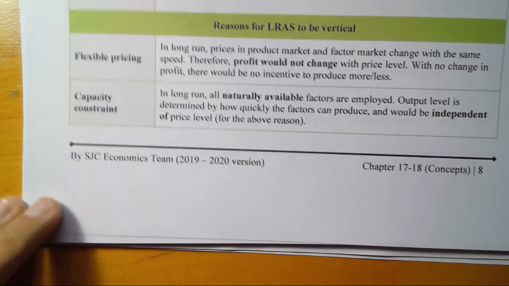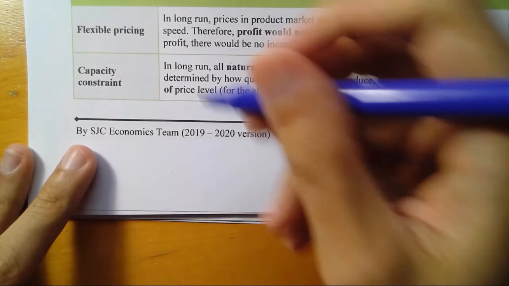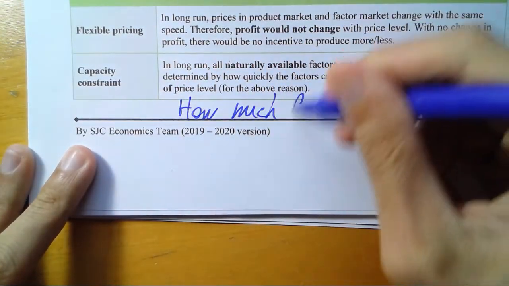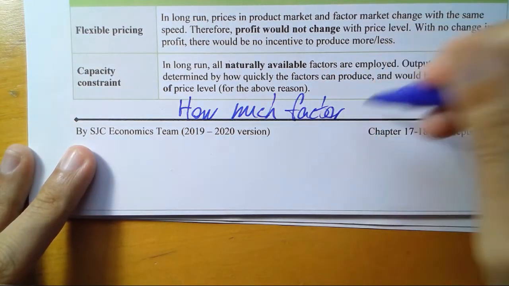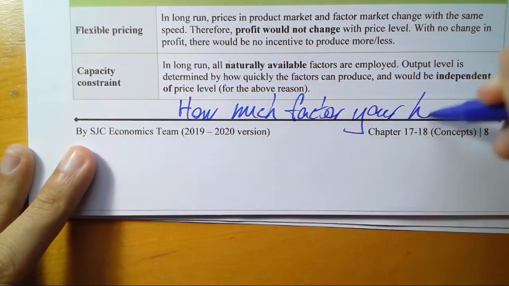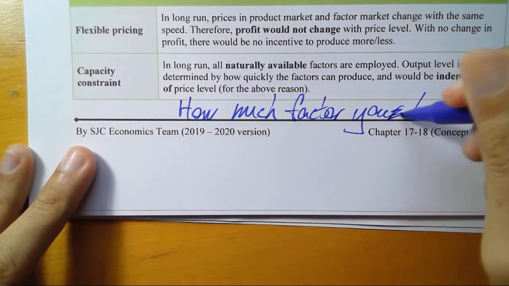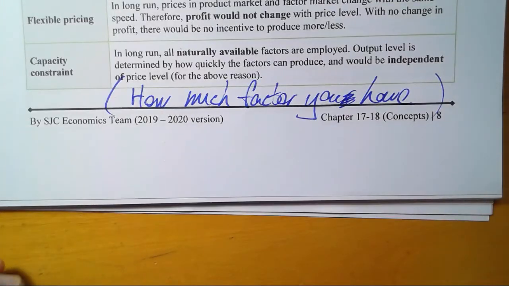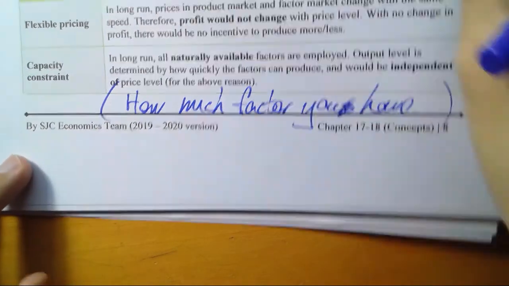OK, now basically 講得俗啲即係咩意思啊？How much factor you have. Okay, how much factor you have determines how much you make.